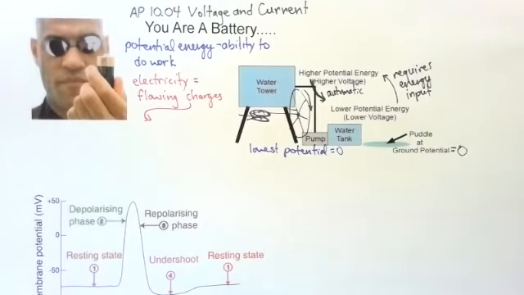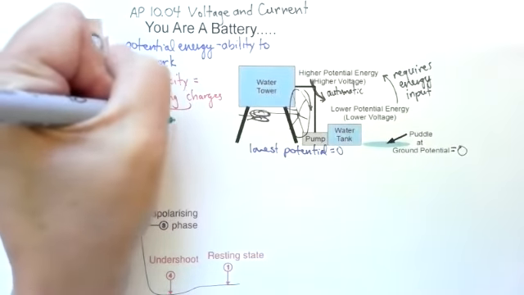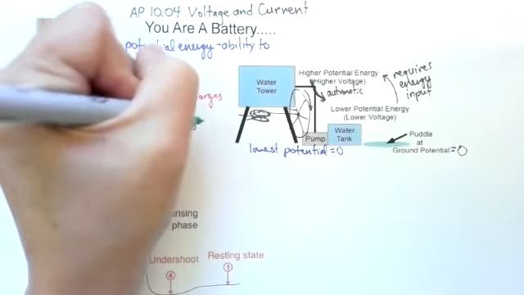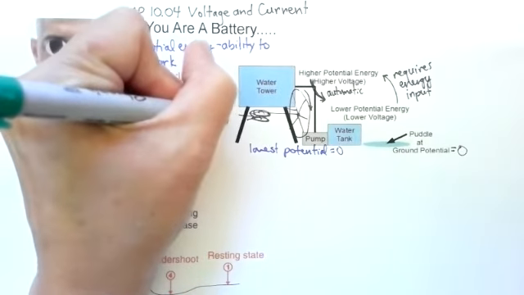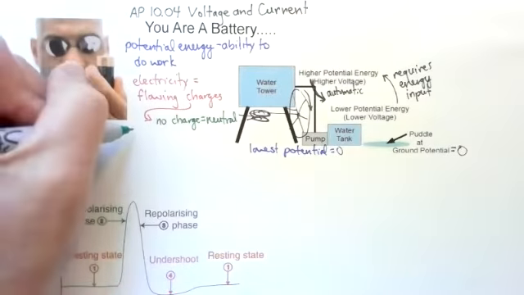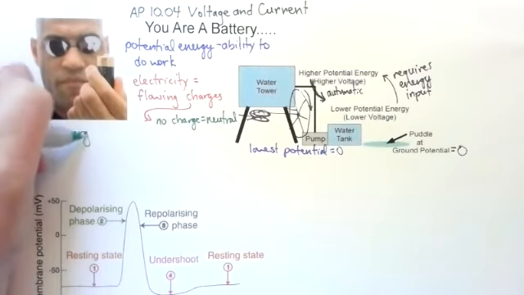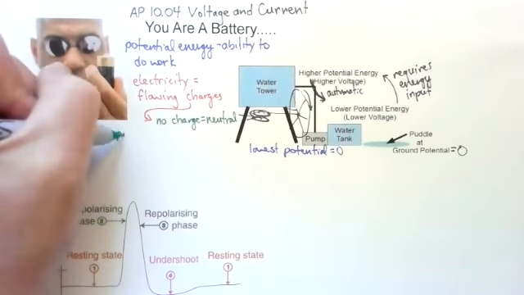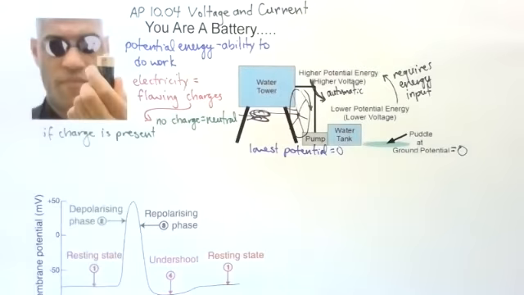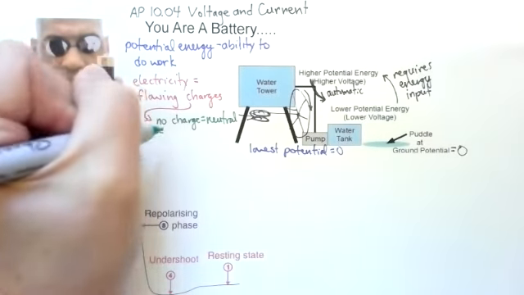Charge is an inherent base function of nature. Something either has a charge or it doesn't have a charge. If it doesn't have a charge, it's neutral. So if we have no charge, we're neutral. If you have a charge, so if a charge is present, you can have a negative charge.